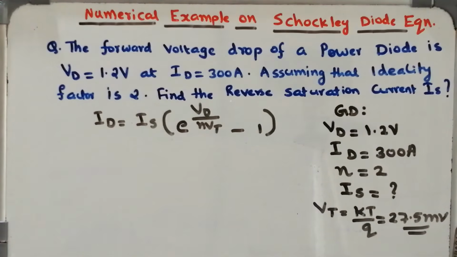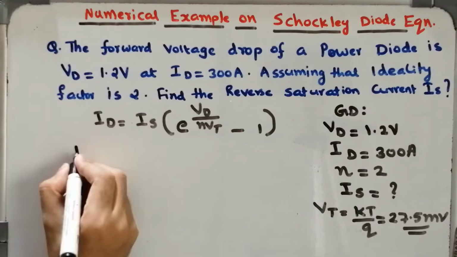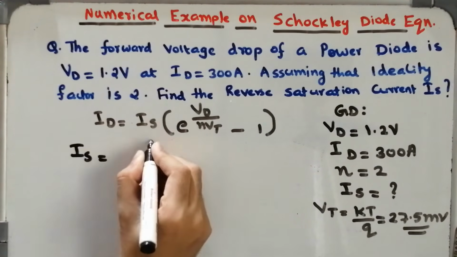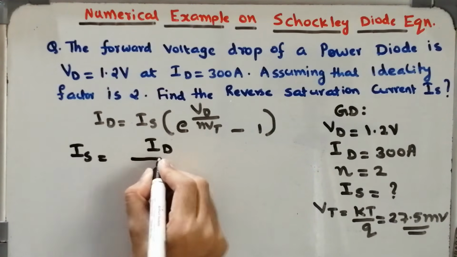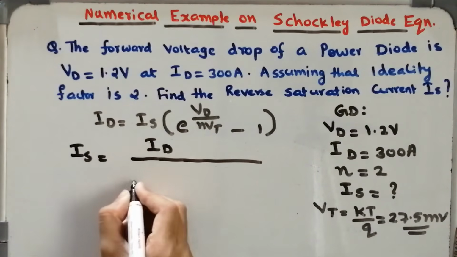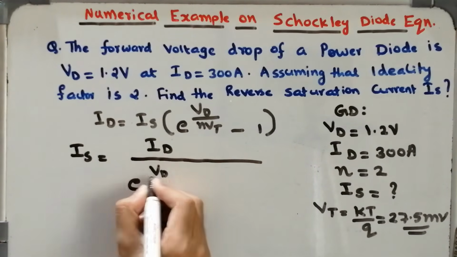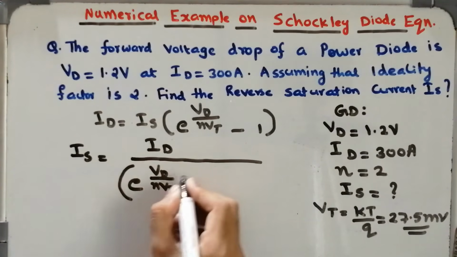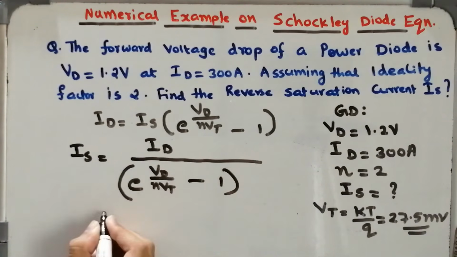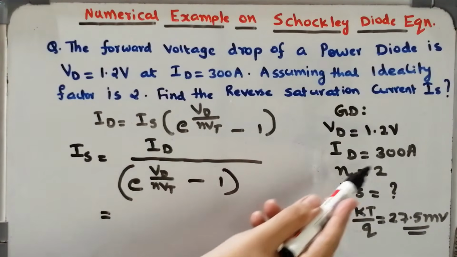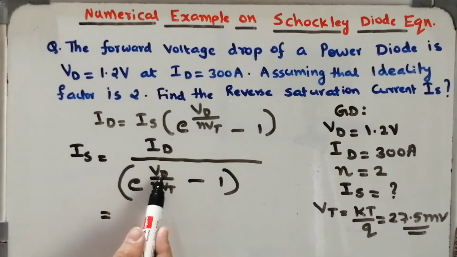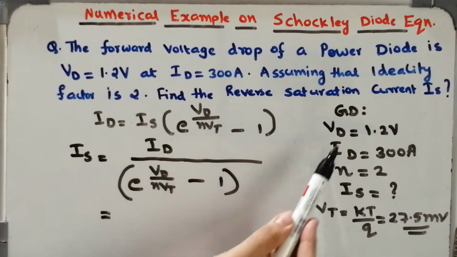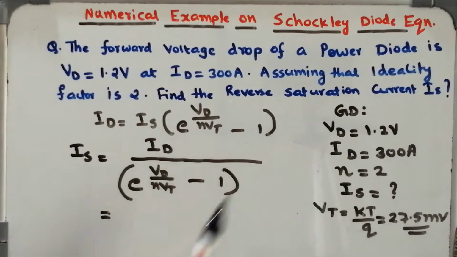Now I can calculate the value of Is from here. Is is given by Id divided by e to the power Vd by N Vt, minus 1. Substitute the value of Id, 300 ampere, then Vd, 1.2 volt.